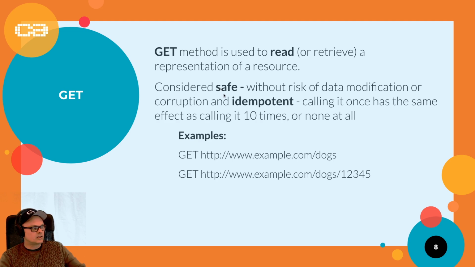Now, it is also considered a safe request. There is no risk that you will modify any data with your request, and it is also considered idempotent, which means that if you call it once, or if you call it multiple times, it will have the same effect. You understand? Which means that if you type in facebook.com and hit enter, you will get to the Facebook landing page.